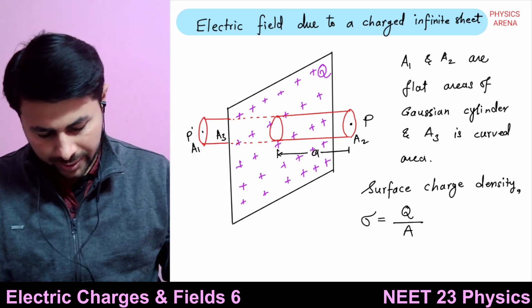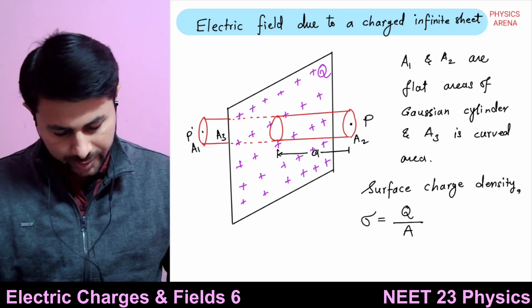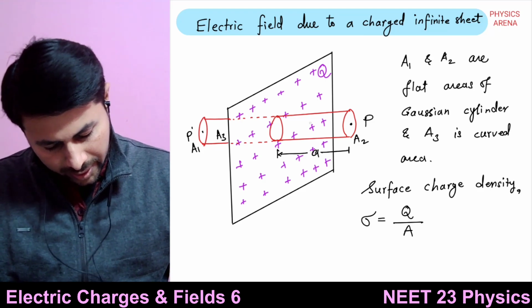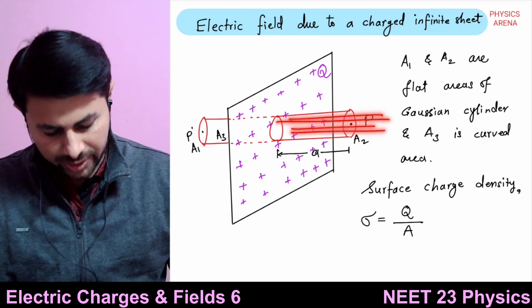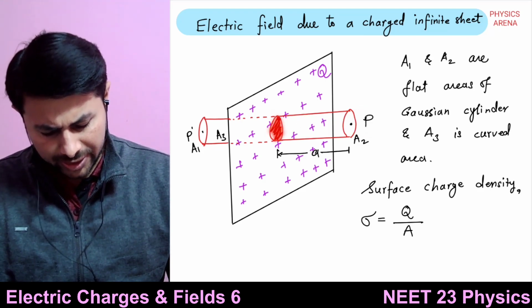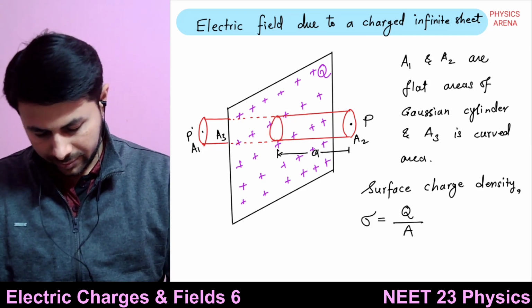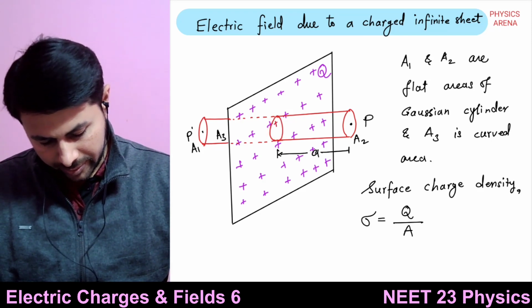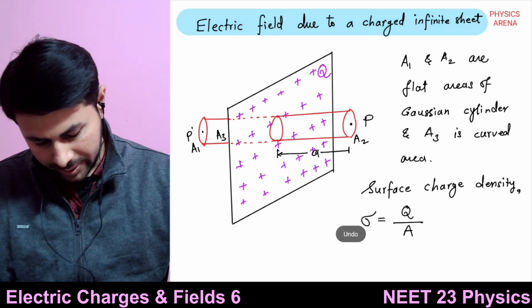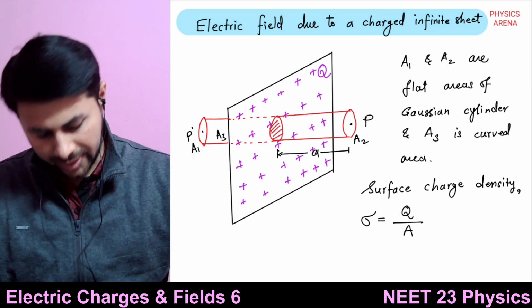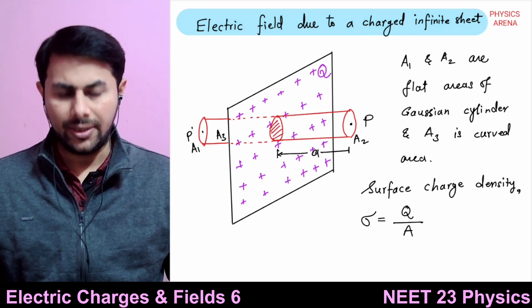Now see, the field lines through this surface are due to this much charge only, charge on this area only, right?